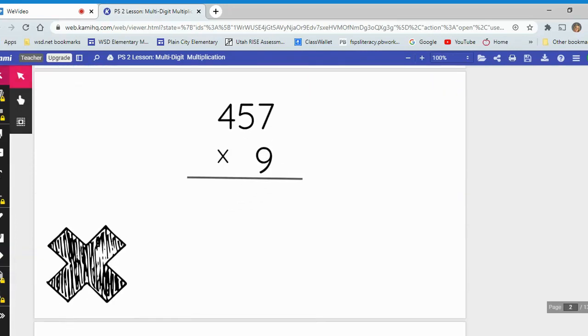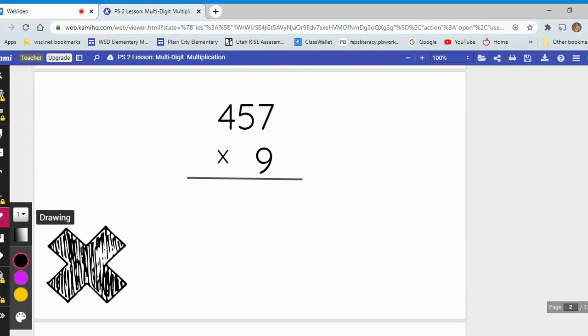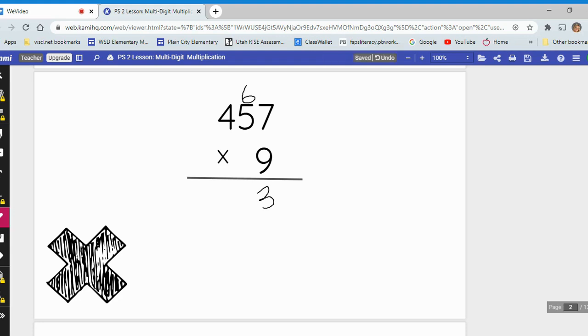So if we look at this number, it's really important that we know our multiplication facts. That's going to help us all throughout this. So 9 times 7 is 63. Remember, we put the ones place and carry our tens place. 9 times 5 is 45. Plus 6 is 51.